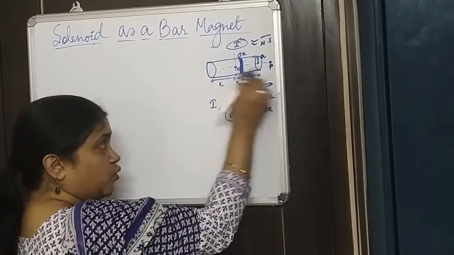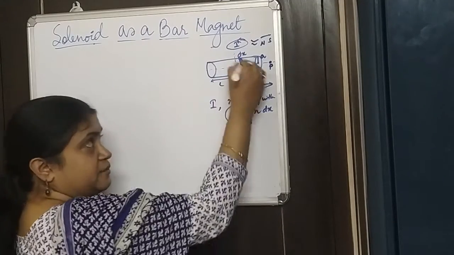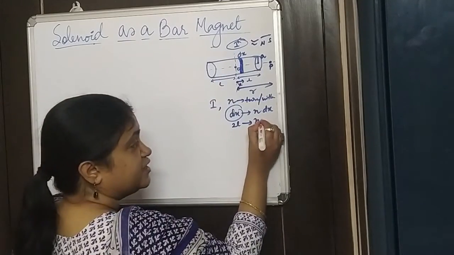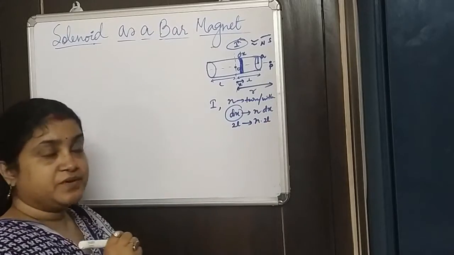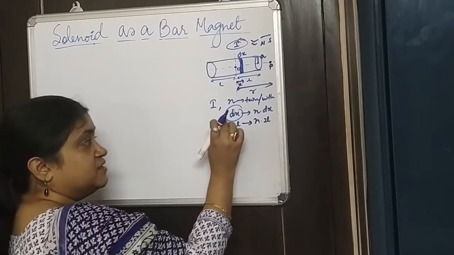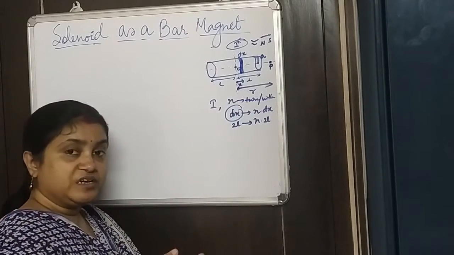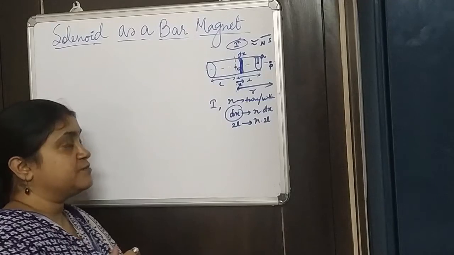And for the whole length 2L, the total number of turns will be n into 2L. Since n is for unit length, whichever length we take, we just multiply and get the number of turns.